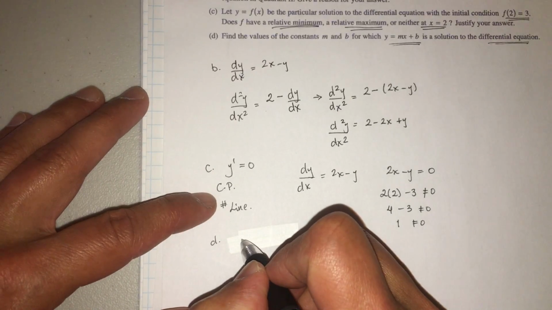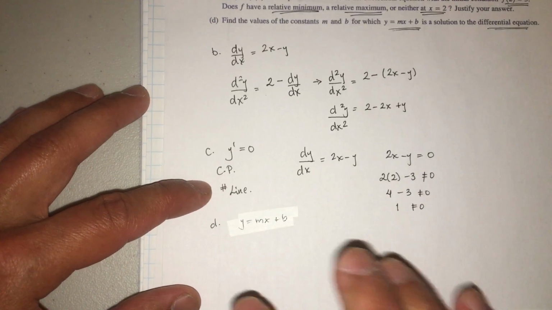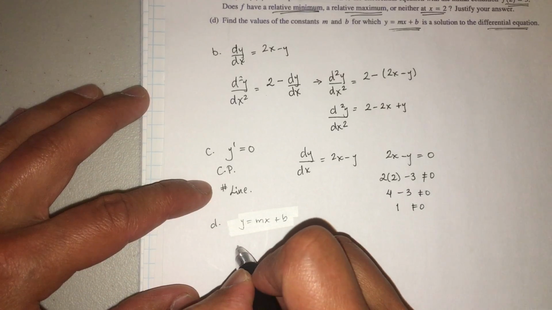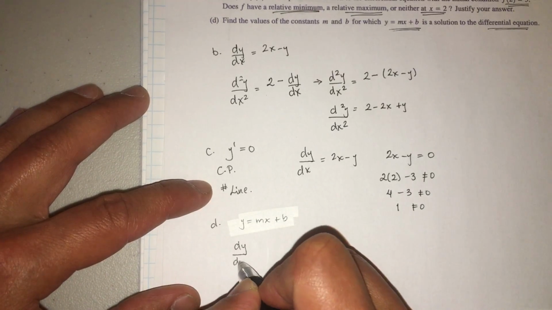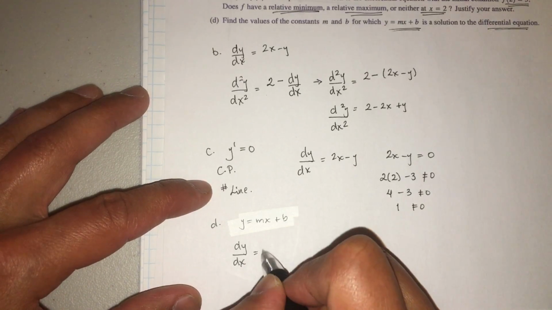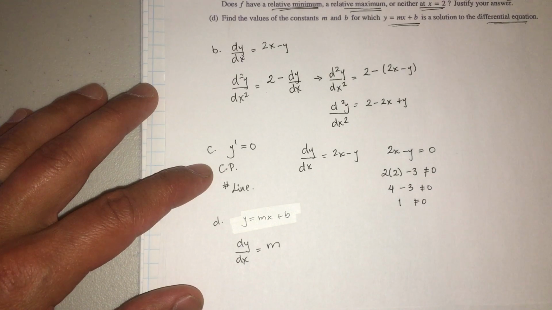Well, we're going to go ahead and take the derivative. So we have y equals mx plus b, and essentially all we've got to do is take the derivative of this guy. So let's see, dy/dx. The derivative of mx, remember m is a constant, so it's like if it's 3x, that means it's m.